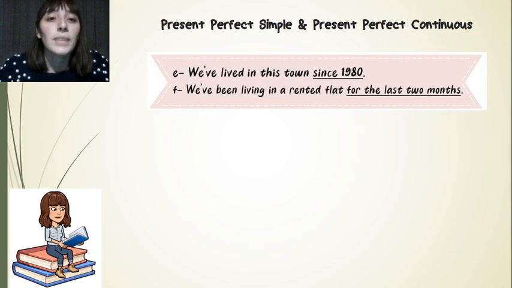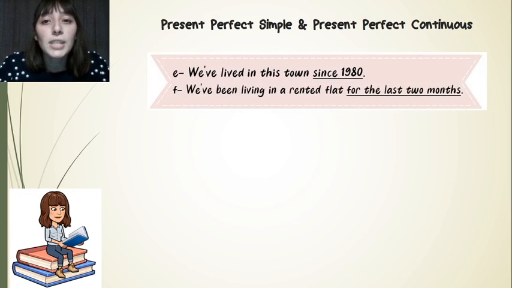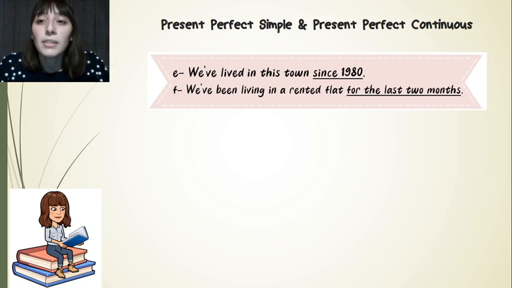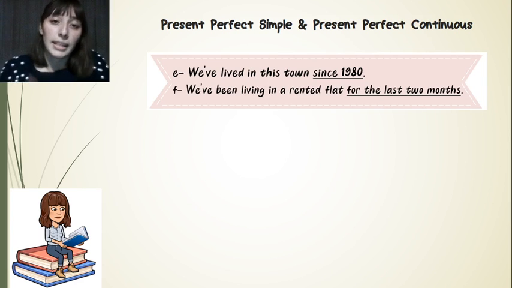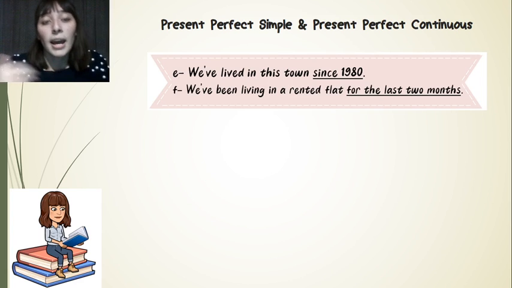Let's see example E. We've lived in this town since 1980, and we've been living in a rented flat for the last 2 months. So here we have the verb live, and the other one is the verb work.